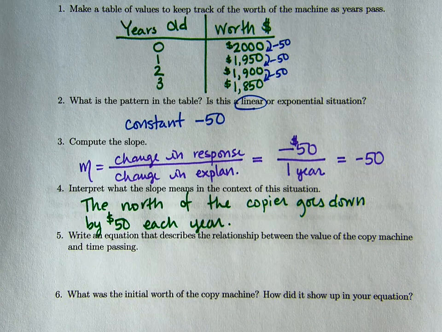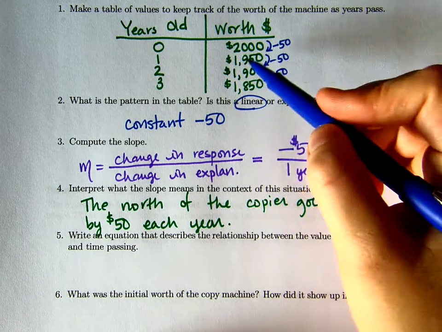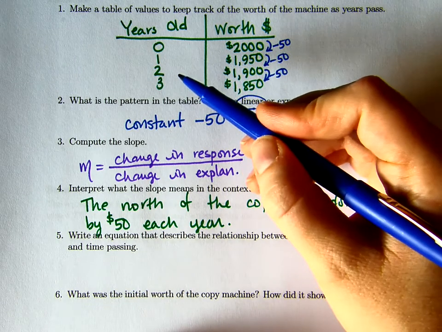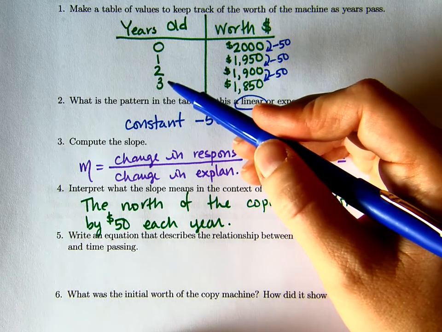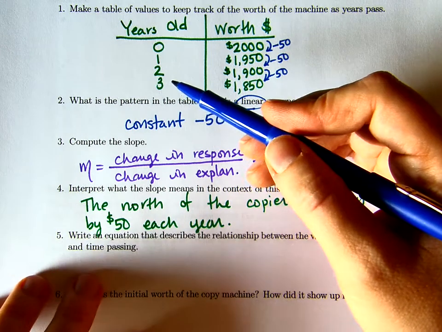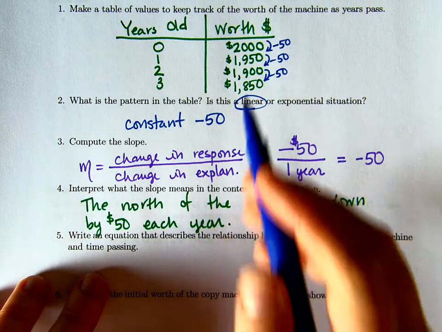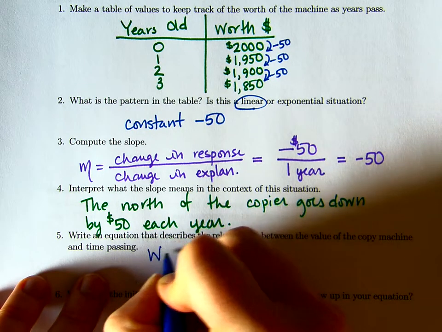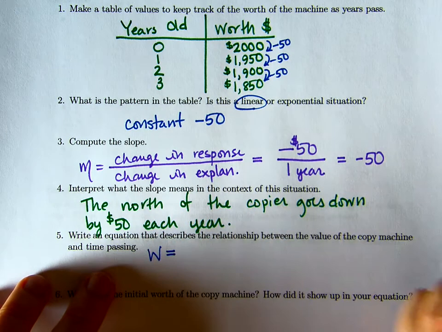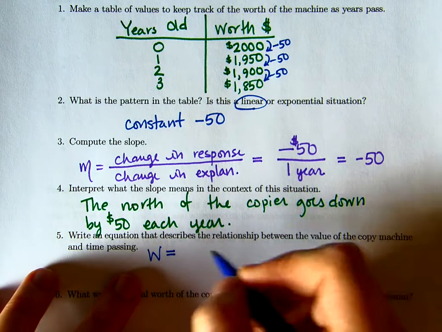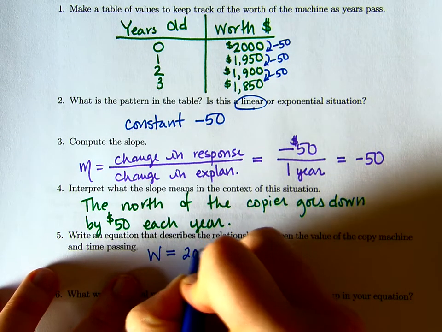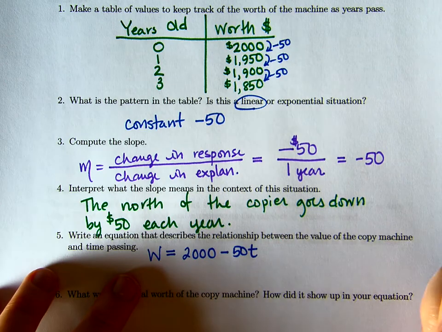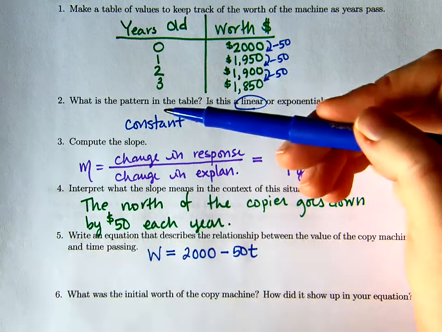But I noticed that it's originally $2,000 and then I'm subtracting 50 however many times, and that's however many years pass. So to me, the worth, I'll call worth W, is equal to start at $2,000 and take away 50 T times, where T is how many years have gone by.